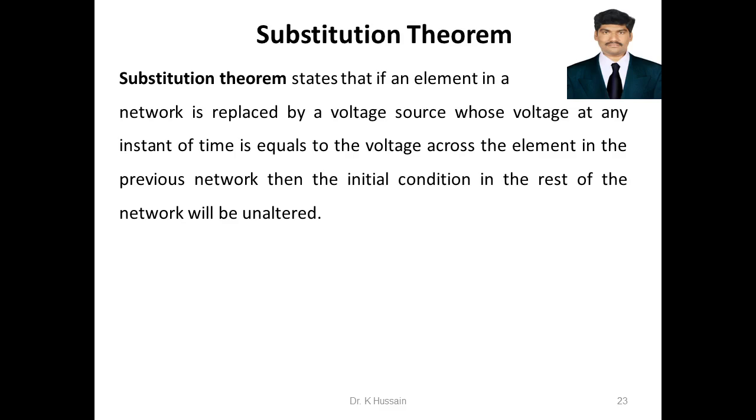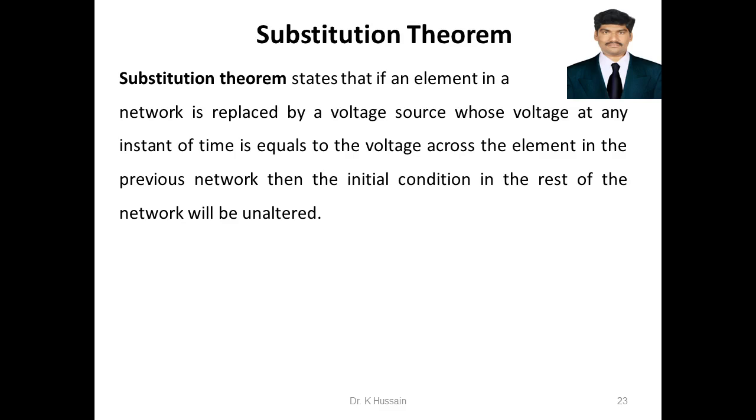So that means an element in a network, that is one element, is replaced by a voltage source whose voltage at any instant of time is equal to the voltage across the element in the previous, actual network.